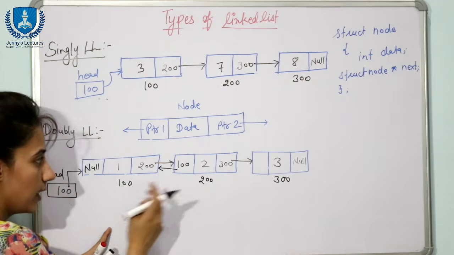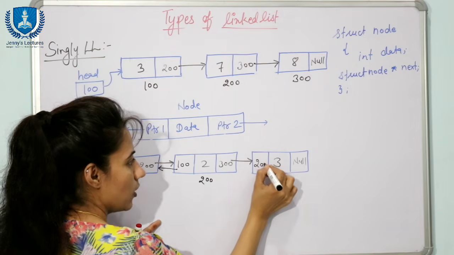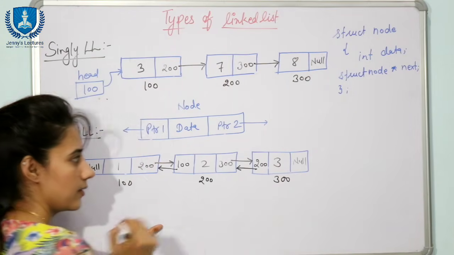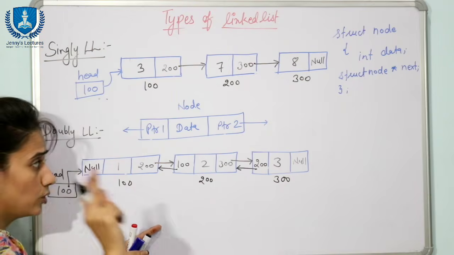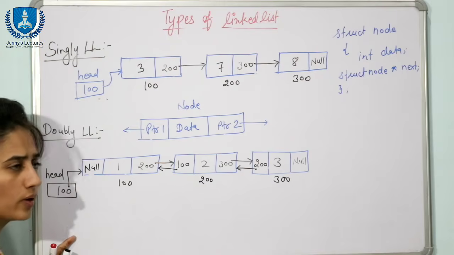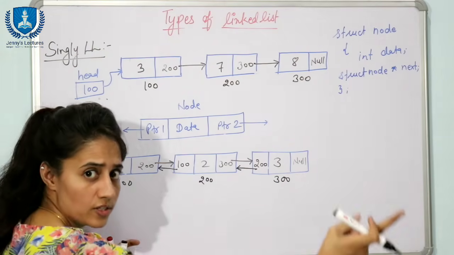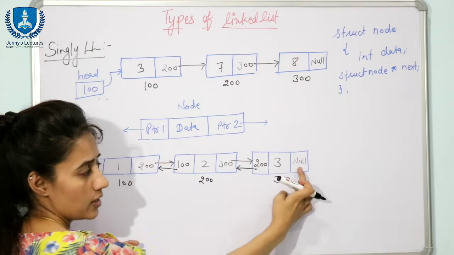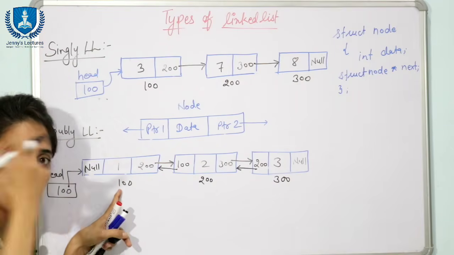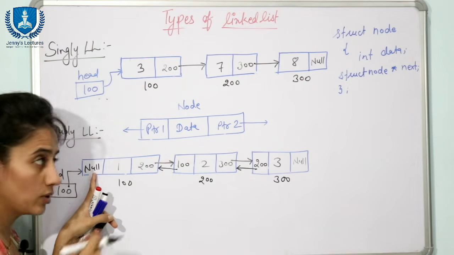The link is from here to here. This one has 200, the address of its previous node, so it is going to point here. So double links are there, 2 links. One is in the forward direction, one is in the backward direction. In the last node there is no successor, no next node, that is why this pointer has null. And in the case of the first node there is no previous node, so pointer 1 has null.